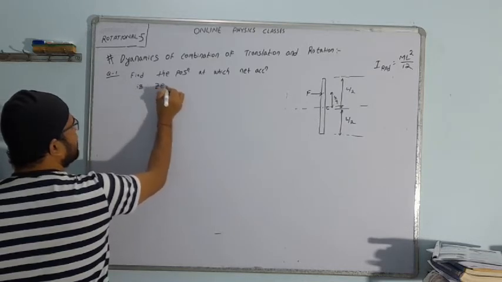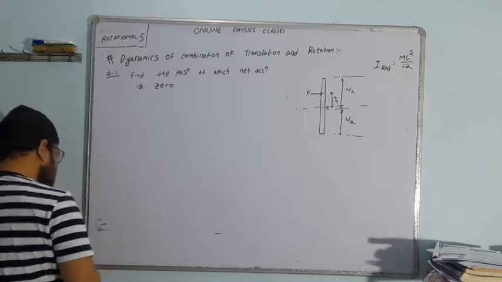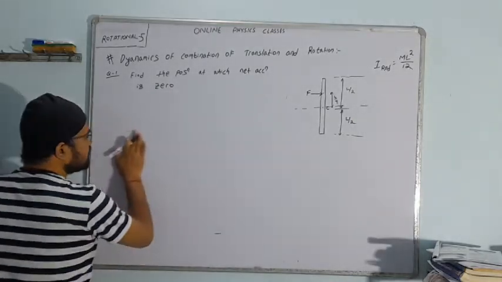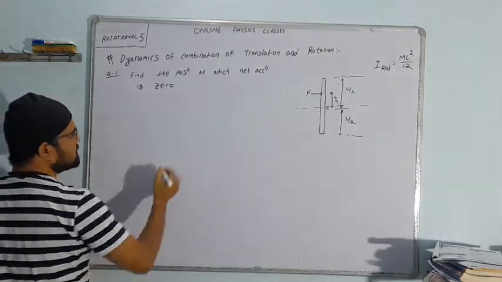Find the point where the net acceleration is 0. How can we find where net acceleration is 0? I will draw the figure.